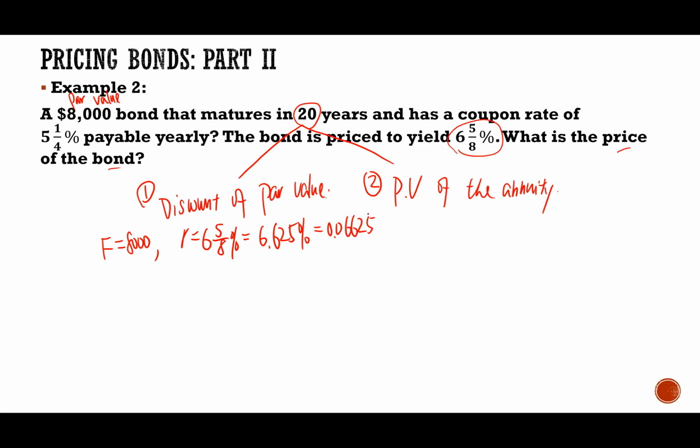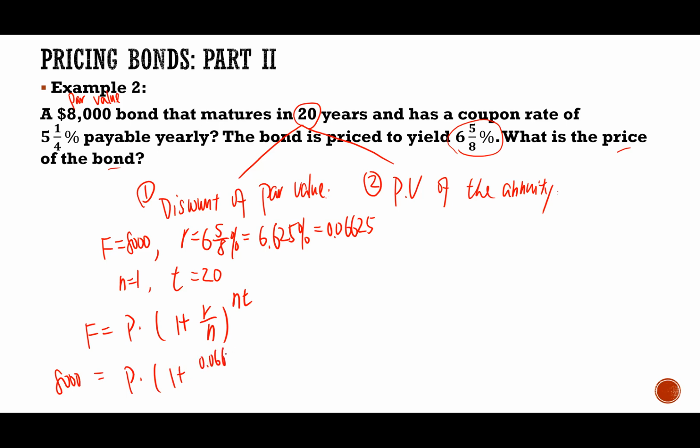We also have a compounding period, n equal to 1, and t equal to 20. Now future value equals present value times (1 plus r over n) to the nt. Let's throw in all the numbers: 8,000 equals present value times (1 plus 0.06625 over 1) to the 1 times 20.